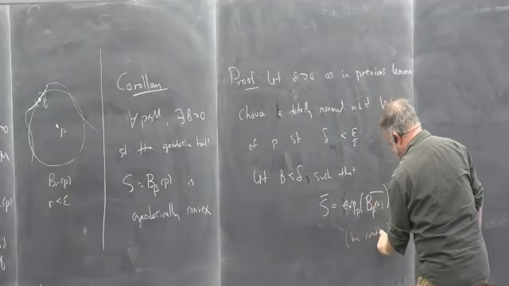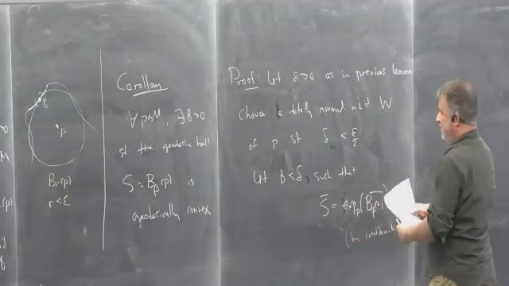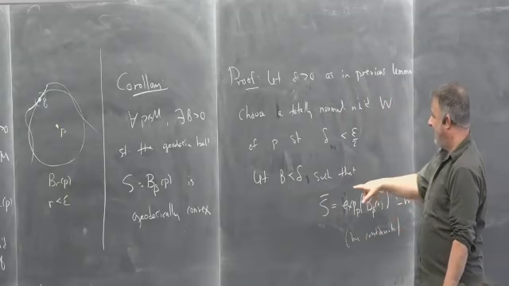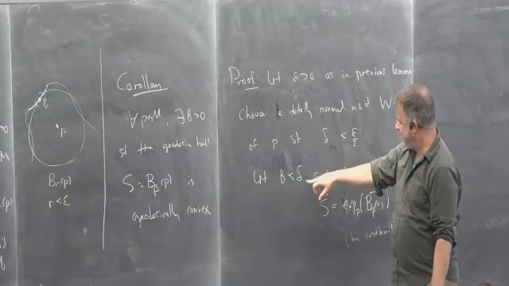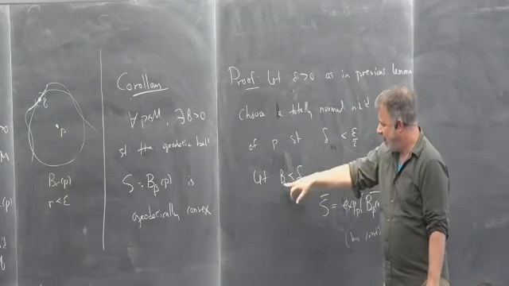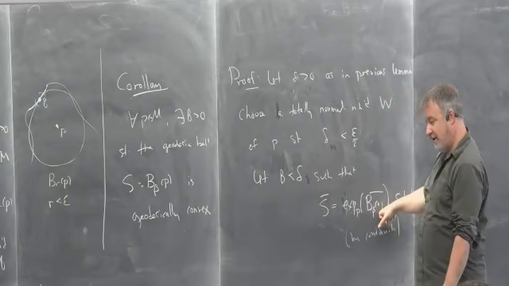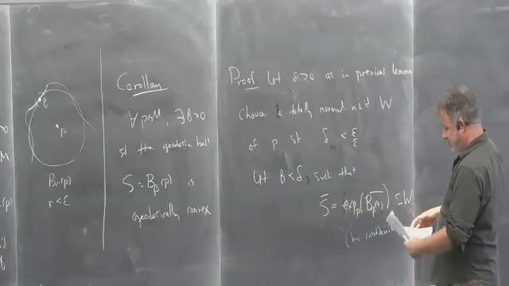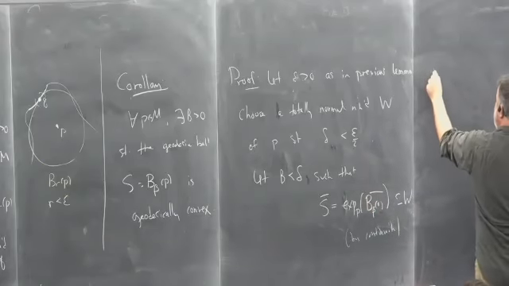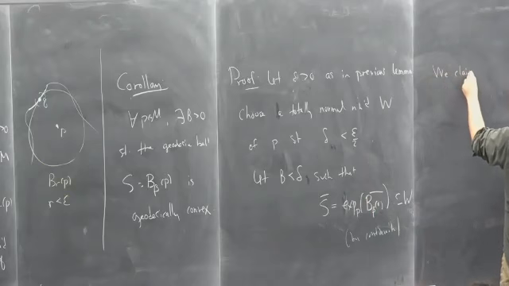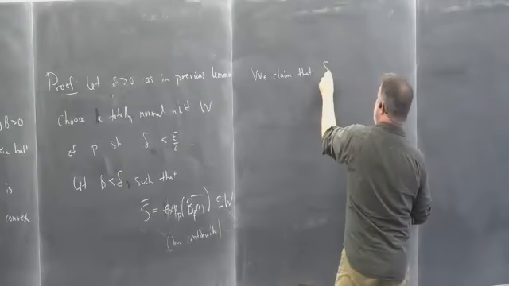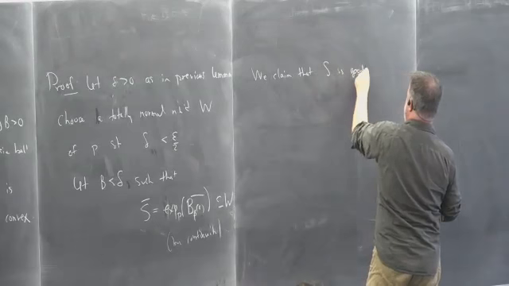The exponential map is continuous. W is some neighborhood of P. By choosing beta, I want beta to be less than delta, which is less than epsilon over 2. I can choose it smaller so that the image of the closure of this is still contained inside this totally normal neighborhood. And we claim that S is geodesically convex.